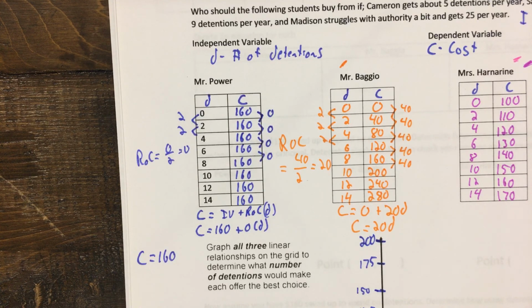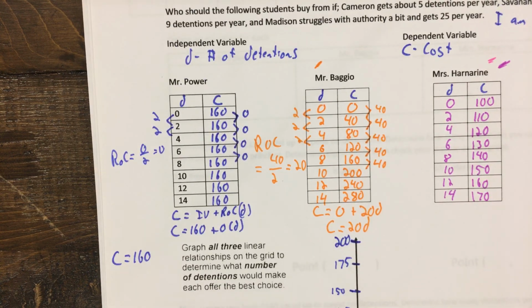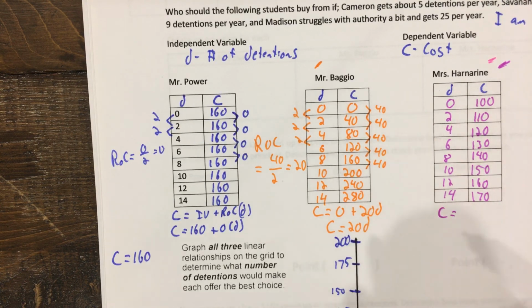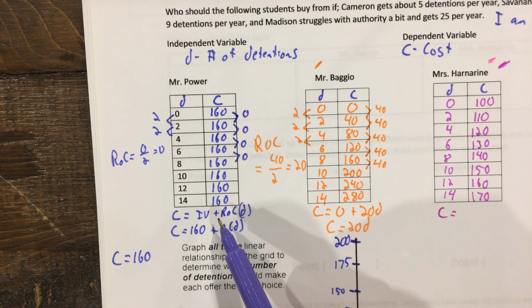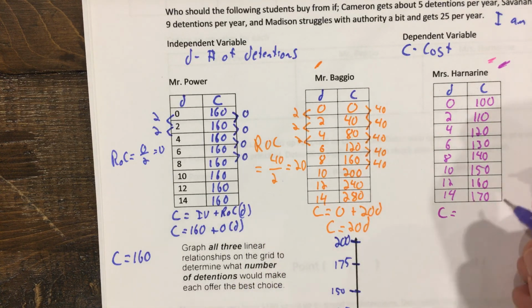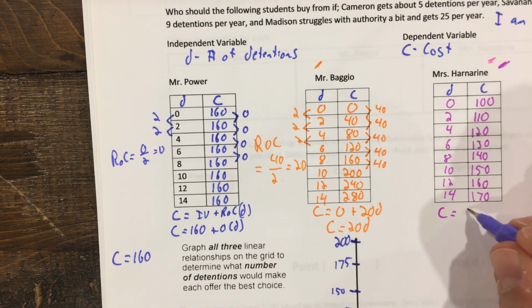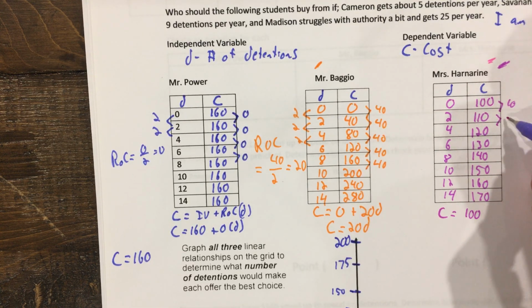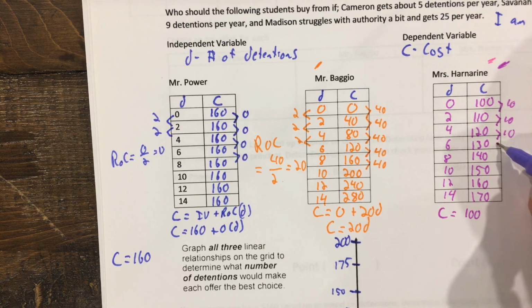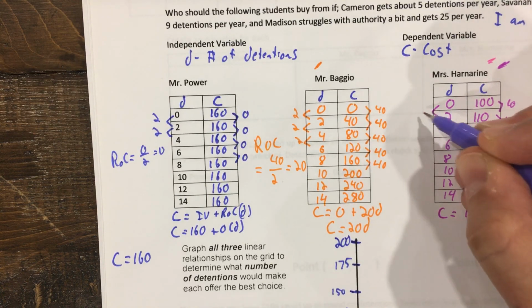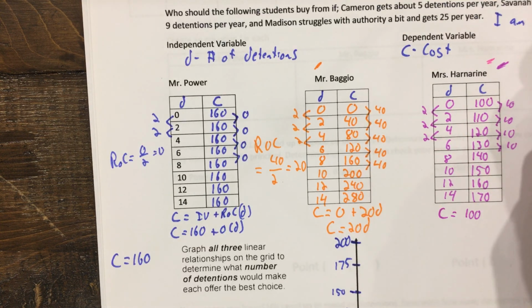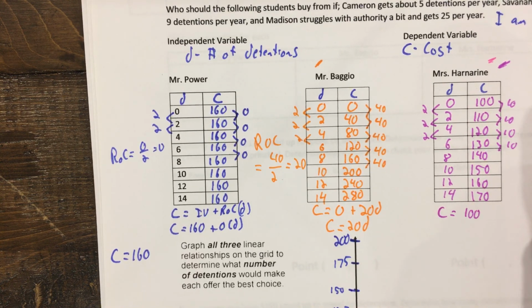And back to Miss Harnrein. She does have an initial value. If I'm going by cost is equal to initial value plus the rate of change, the initial value here is $100, $100 up front. Her rate of change goes up $10 every single 2 detentions. So the rate of change is equal to the rise over the run.